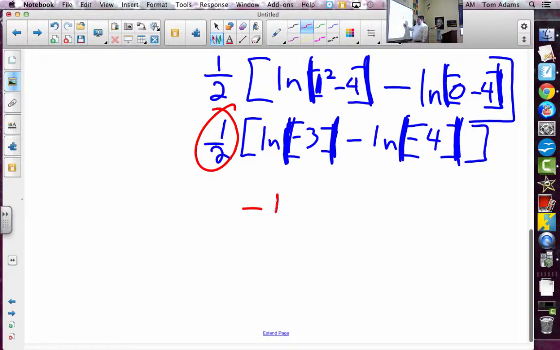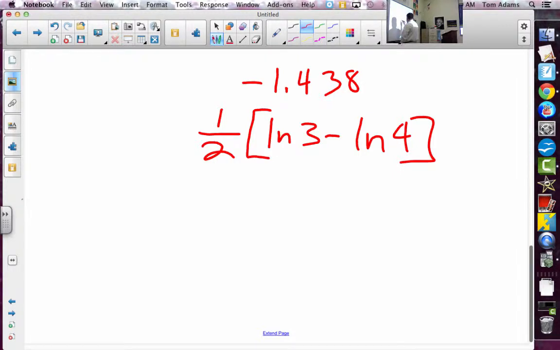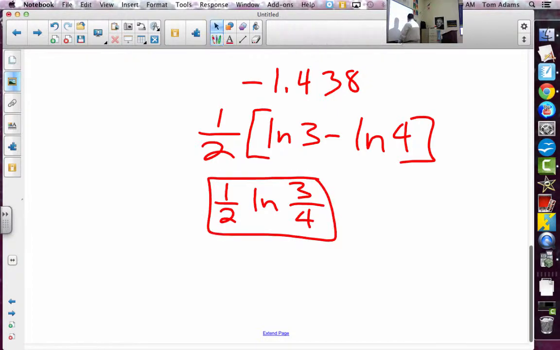You could leave it like that. That's the decimal approximation. I could also clean this up. If I say 1/2 times the natural log of 3 minus the natural log of 4, you might see in the textbook that if I use the quotient property of logs, I'll have 1/2 times the natural log of 3 over 4. That's another way that you could write it.